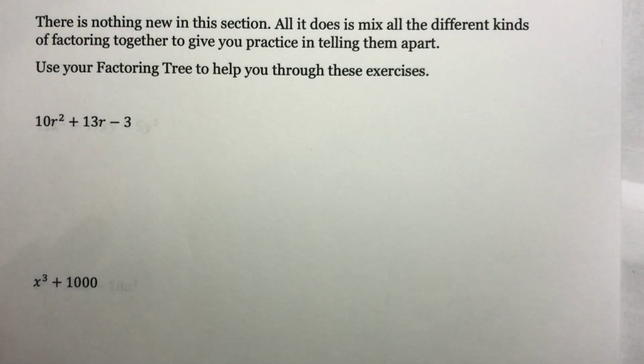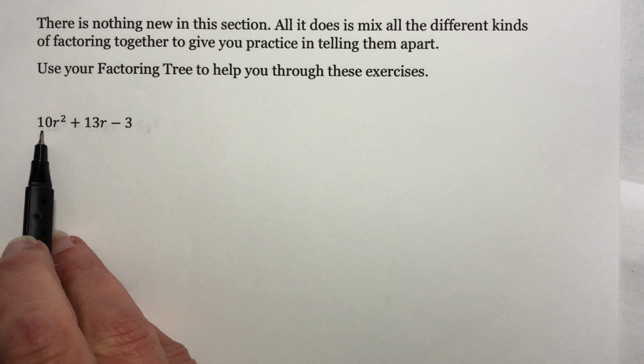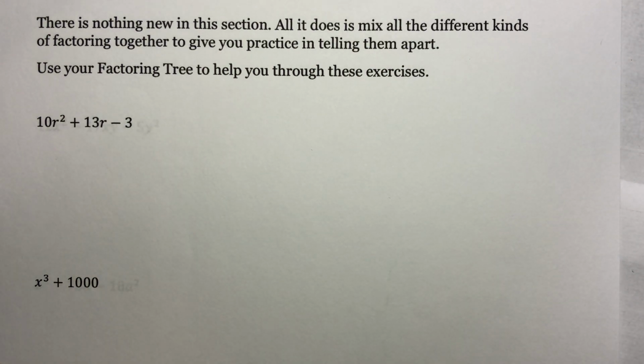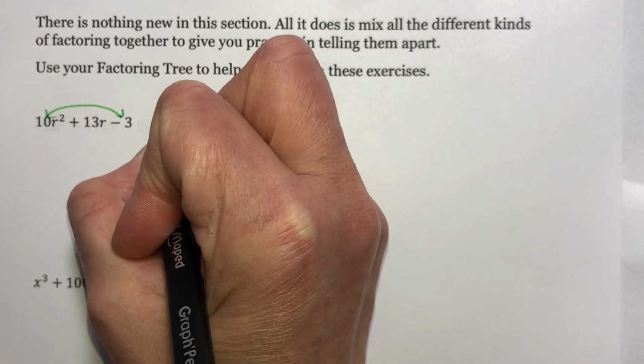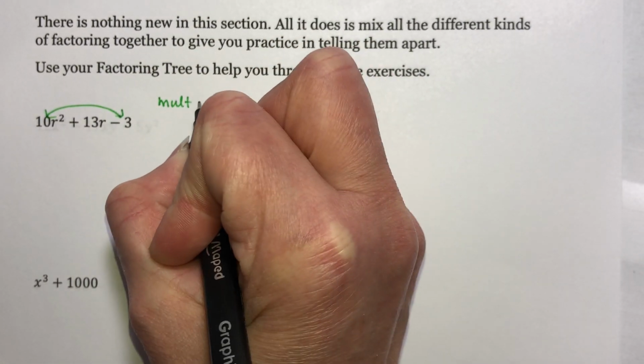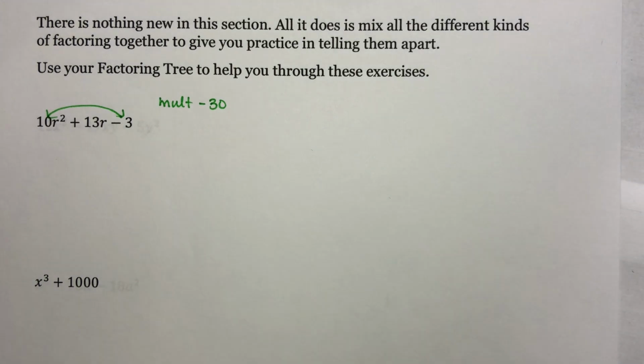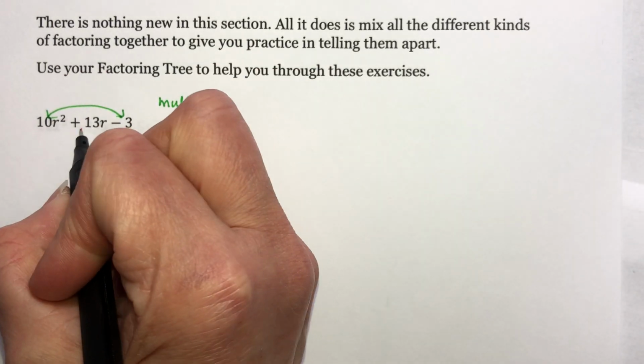Okay, in 6.2, when we had a number in the front, what we did was we multiplied these two things together. And we look for two numbers that multiply to, in this case, negative 30, and we want them to add to 13.